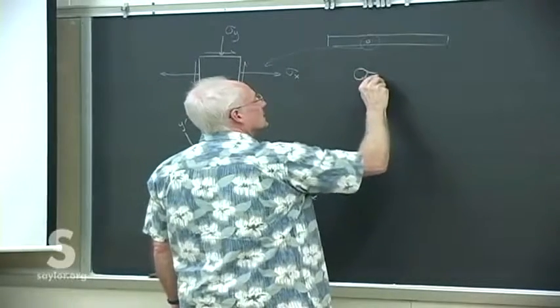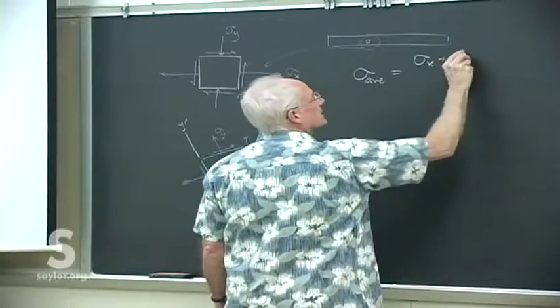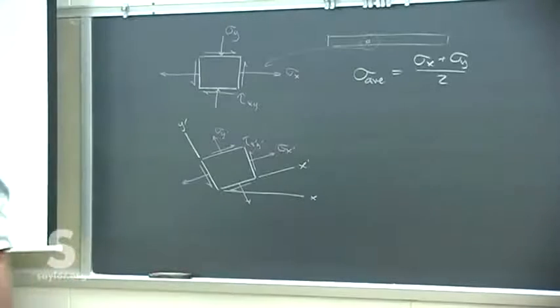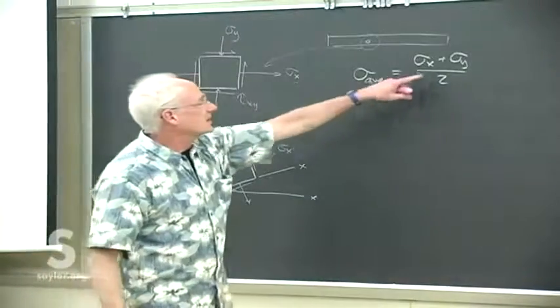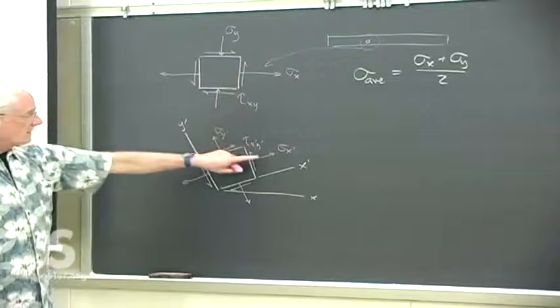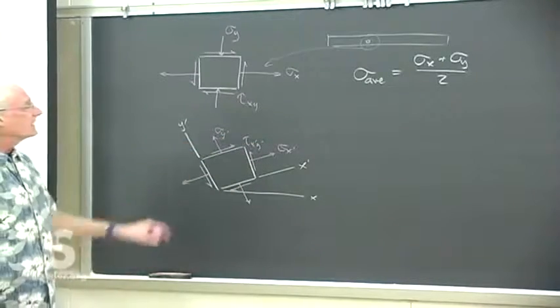There's a couple little parts that go into each of the equations, and a couple of these actually have greater meaning later. The average shear stress is simply the arithmetic average of the two shear stresses on the two faces. Remember, the prime designates our new angle at which we're looking at things.